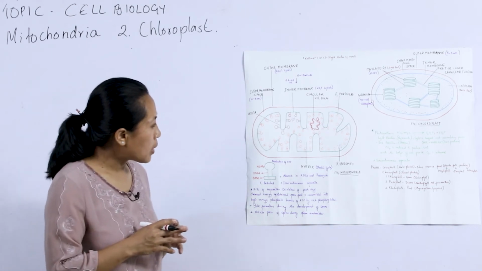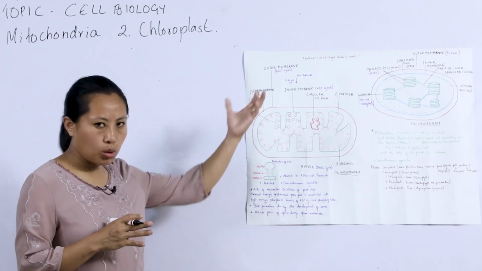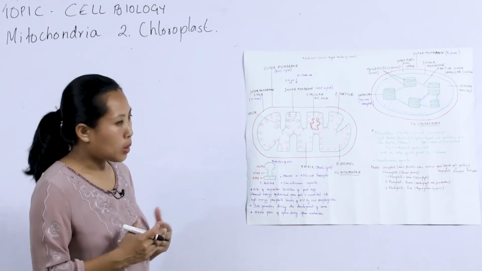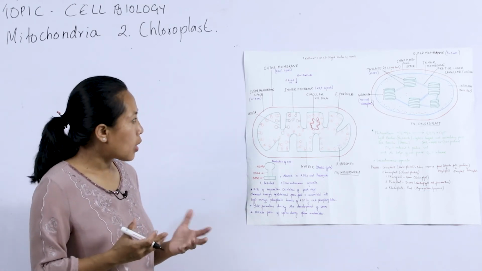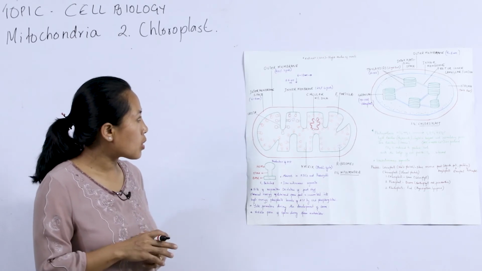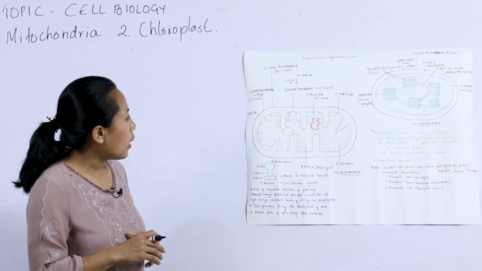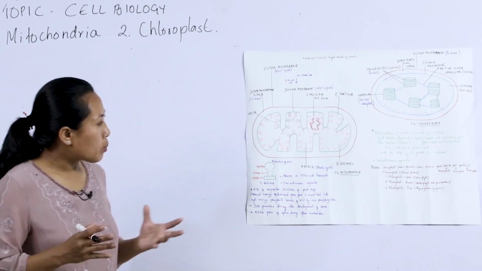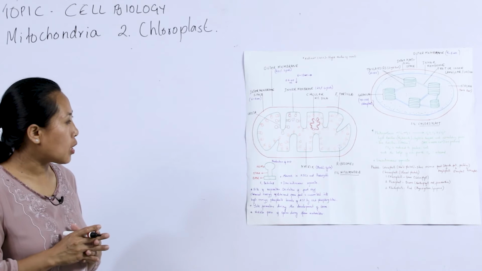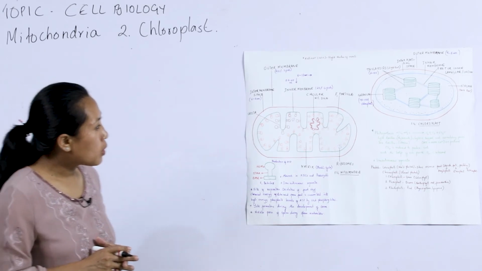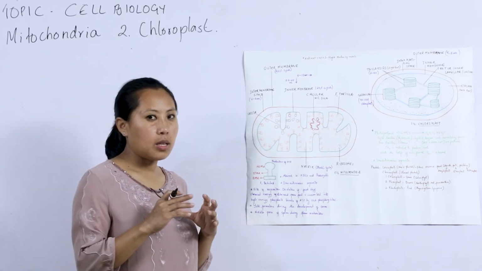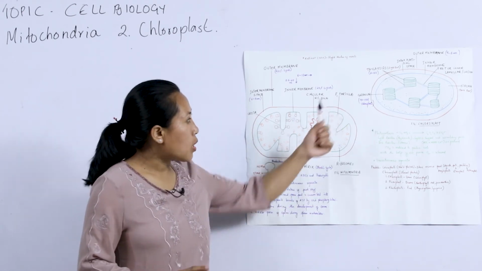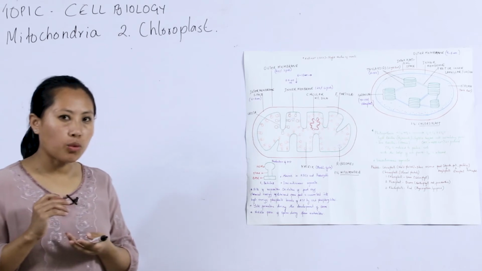Like mitochondria, chloroplast consists of an outer membrane and an inner membrane. The outer membrane is about 5 to 6 nanometer in thickness, and the space between the two membranes is known as the interplastidial space. The inner membrane encloses a gel-like fluid known as the stroma, and embedded in the stroma are disc-like structures known as thylakoids, stacked up like piles of coins.